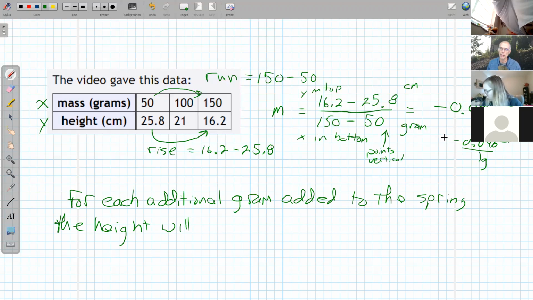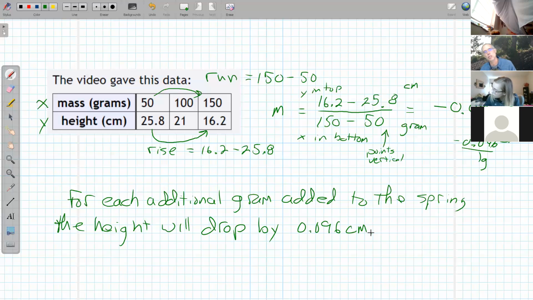So I don't want to use the word negative. I don't want to throw in a negative sign. So use a word that means negative height. So I'm going to go for drop. Decrease would be okay too. The height will drop by 0.096 centimeters. So that would be a reasonable sentence for what this slope means. So this is an interpretation of the slope.